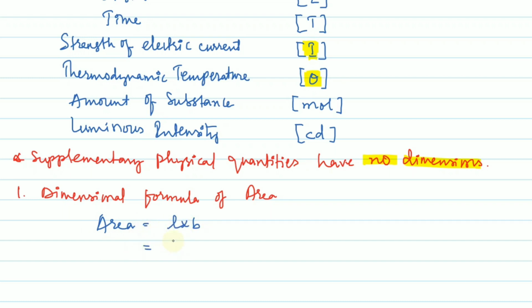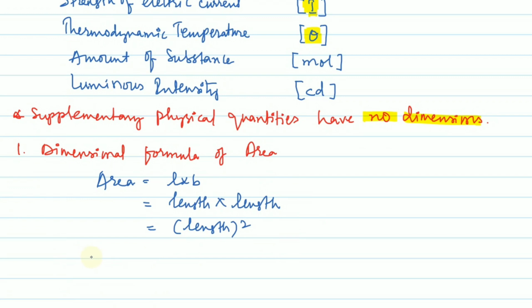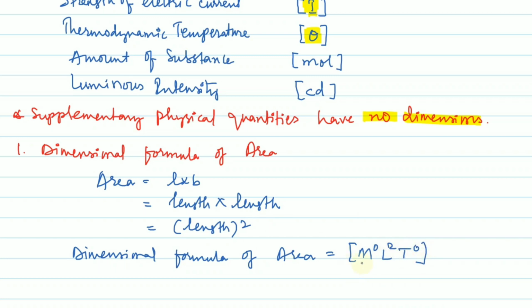In terms of basic quantity, length into length, so this can be written as length square. So when we represent the dimensional formula for area, we can write M to the power 0, L to the power 2 and T to the power 0, right?